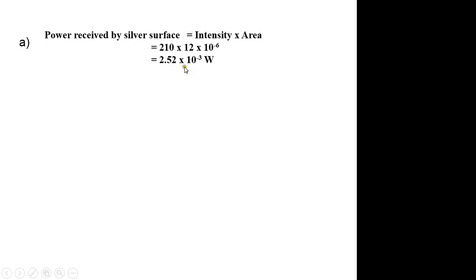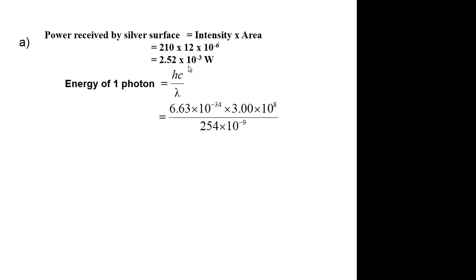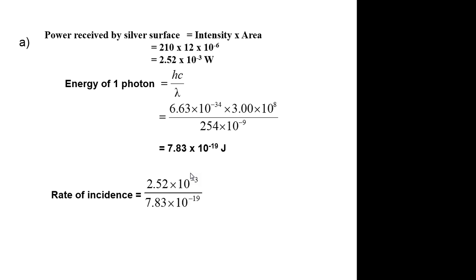You put together, you get this amount of power, which means this amount of joules per second. You can then find the energy of a photon. This is quite similar to part 2. Sub it in, you find the energy of a photon is this value. So just like example 2, very, very similar. You can find the number of photons per second, and you find it to be 10 to the power 15.